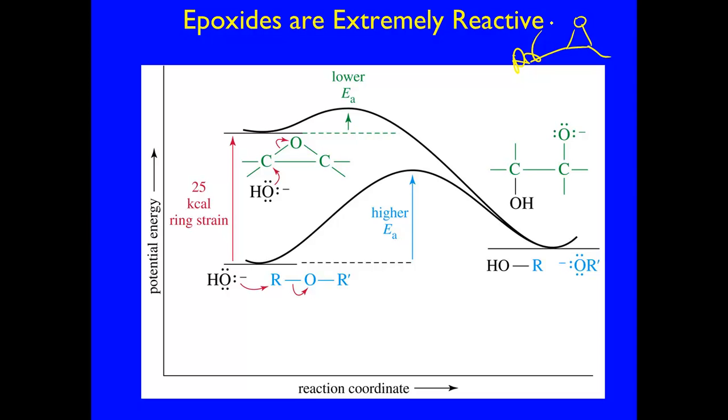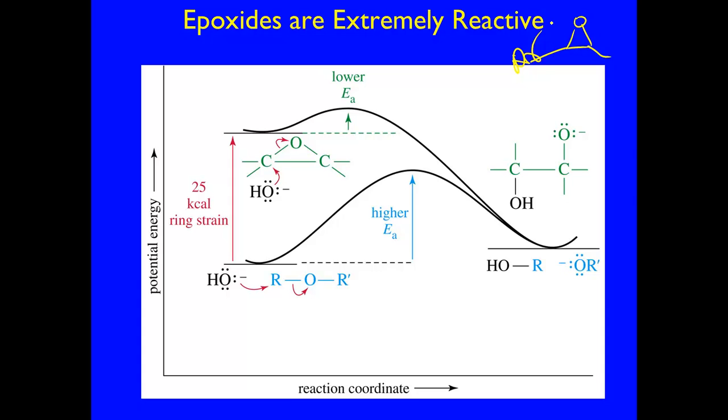Why are the epoxides highly reactive compared to linear, non-cyclic ethers? Because look at the energy levels of these two ethers. Normally, at room temperature, if you measure the inbuilt potential energy in these molecules, these are at higher energy. Already they are at higher energy, so the activation energy to open is very low.